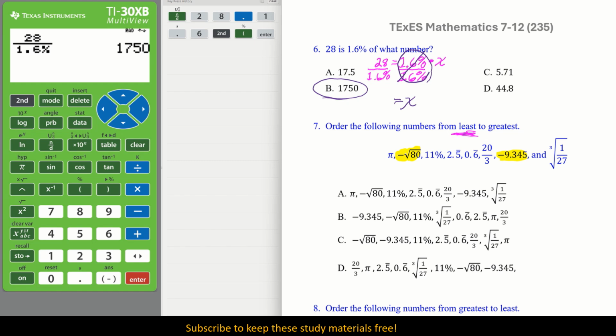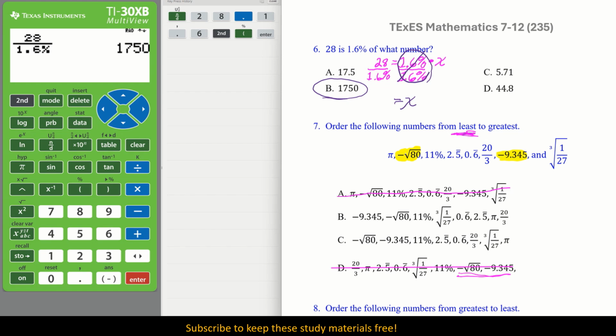That gives us some things we could mark out. So obviously pi, which is about 3.14, would not be the least number. So mark out A. And then let's look at D. D is starting with a fraction and then pi. In fact, it looks like the negatives are at the end. So D can't be it. It might be greatest to least, but it's definitely not least to greatest.